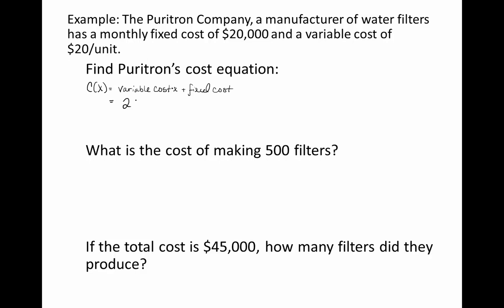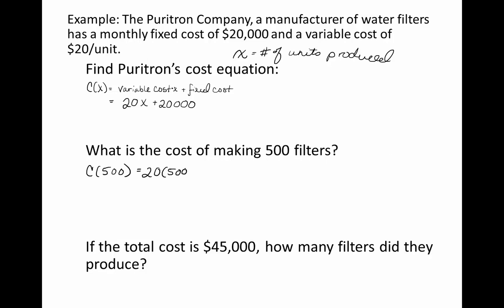The second question is, what is the cost of making 500 water filters? So what you do there is you take the cost equation that you just generated and you substitute for x the 500 water filters. So calculating that out, you'll have 20,000 plus 20 times 500, which will give you 30,000.